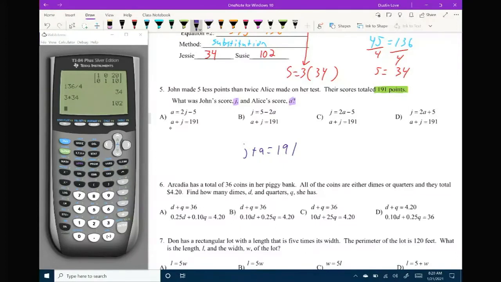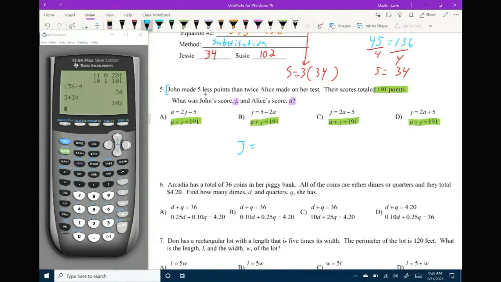Now if we notice, that doesn't help us much because all of these have that exact same equation. So it's really going to hinge on this top sentence here. John made 5 less points than twice what Alice made on her test. So let's go through here. John equals 5 less points.